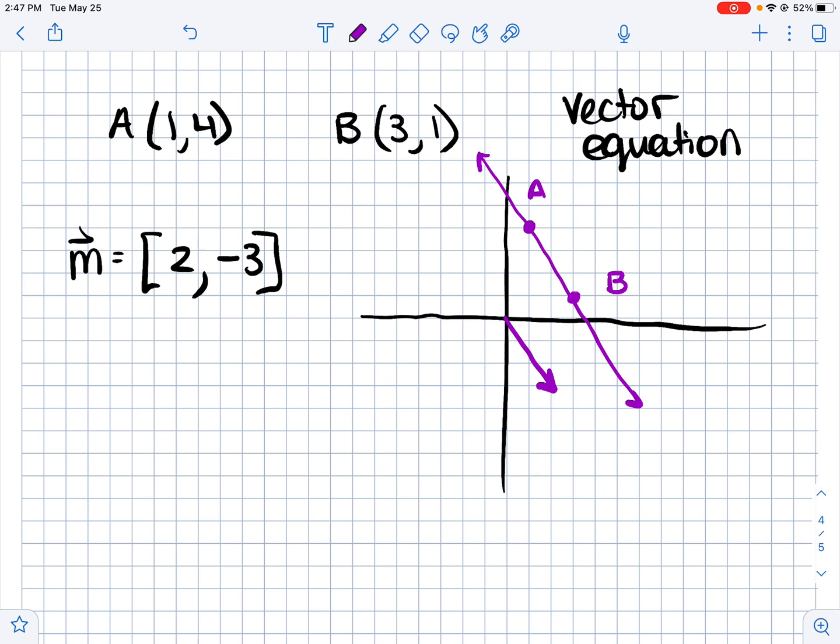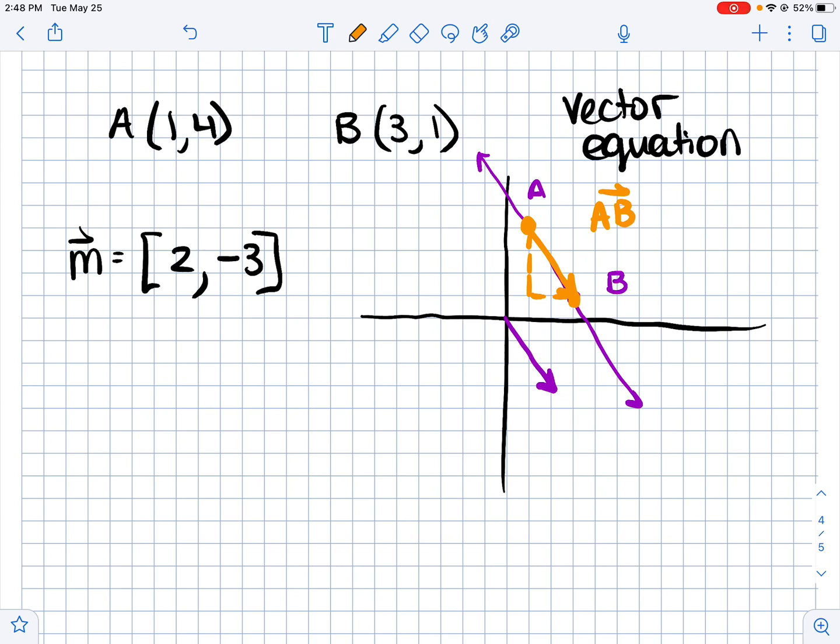And we can see that it's totally parallel to that line. So what I did was I found vector AB, the vector from point A to point B. And that's like finding a direction vector. It's parallel to our line.